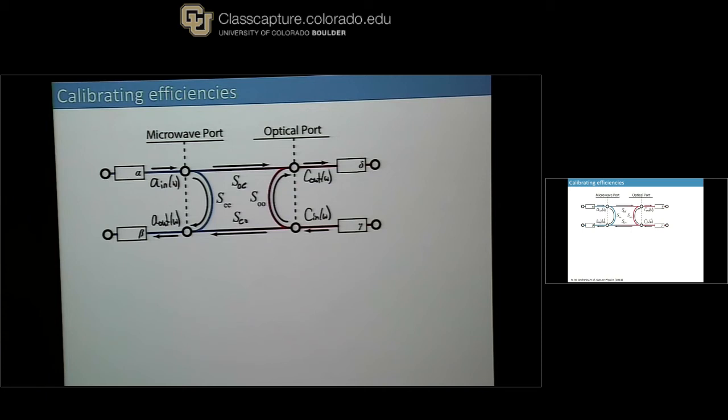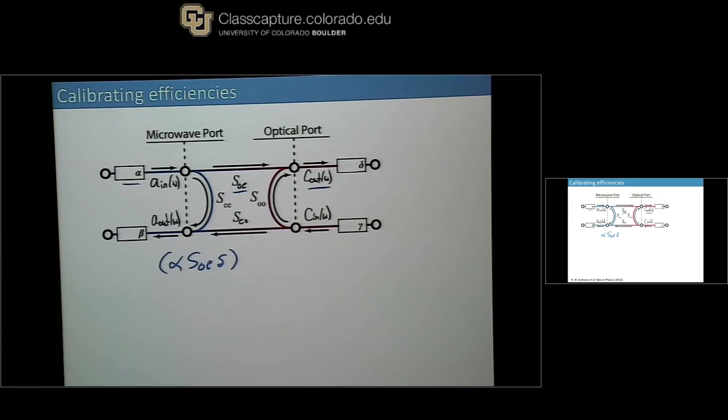One thing that I can imagine doing here is if I imagine that I measure in one direction, then I might get this factor of alpha, and then this S_OE, and then a factor of delta if I want to measure what C out is.